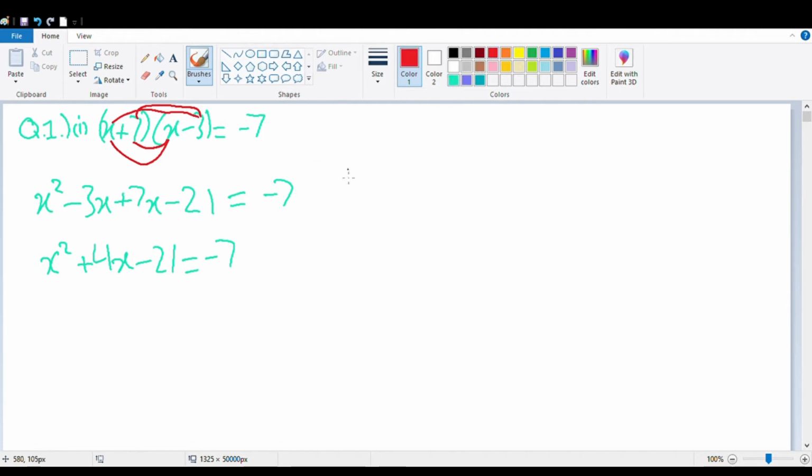Let's send negative 7 to the other side. We get x squared plus 4x minus 21 plus 7, which is equal to 0, because there's nothing on the right-hand side anymore. So we get x squared plus 4x minus 14 is equal to 0.